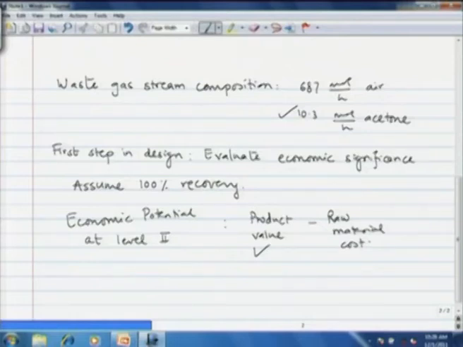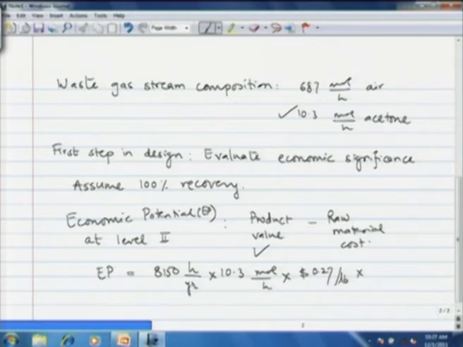Now, we have said that we will recover 100% of acetone. So, let us say that in a continuous process, the number of hours of operation are 8150 hours per year. Then 10.3 mole per hour is the acetone recovery. Let us say that the cost of acetone is 27 cents per pound and the molecular weight of acetone is 58 pound per mole.